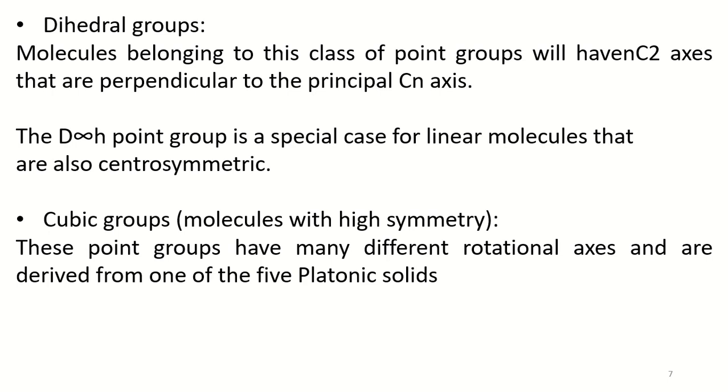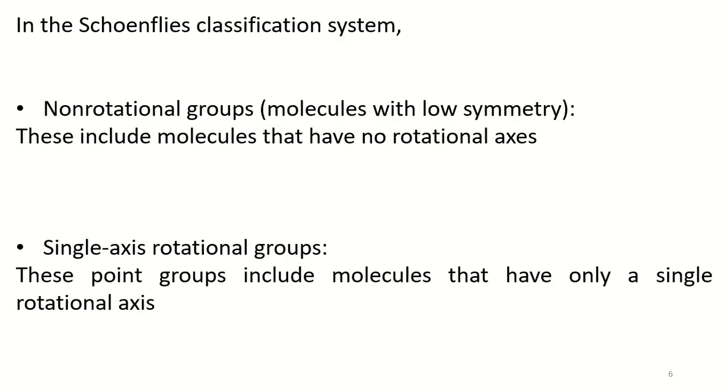When n is even, it will also have an inversion center. If it is odd, then there will be no inversion center. So these molecules will belong to the class of DNH point groups.